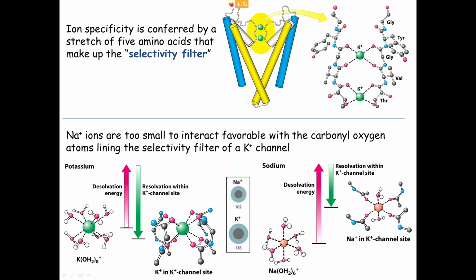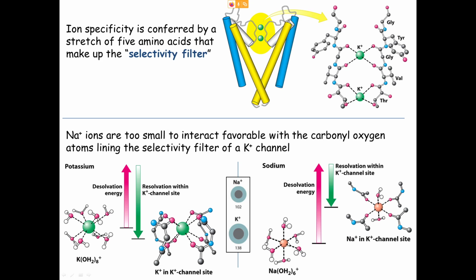Okay, so let's do the same thing for sodium. The sodium, to lose its water molecules, is a huge investment of energy. And if it were to try to jump in this channel, sodium is not wide enough to interact with both sides of the channel. If you imagine potassium is a human jumping in, and we reach out with arms on each side and legs on each side, and we hold on to something on the wall, right?